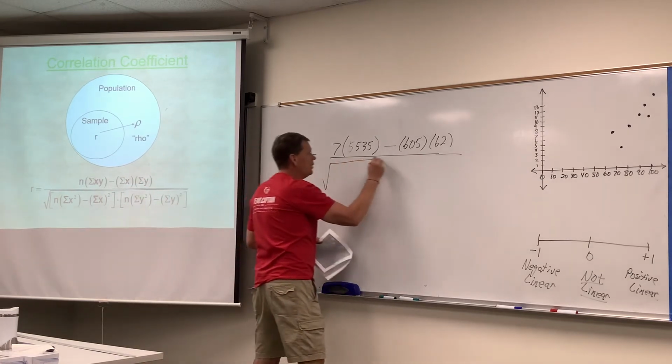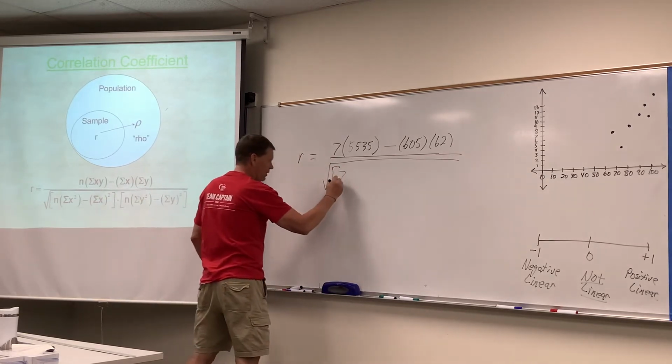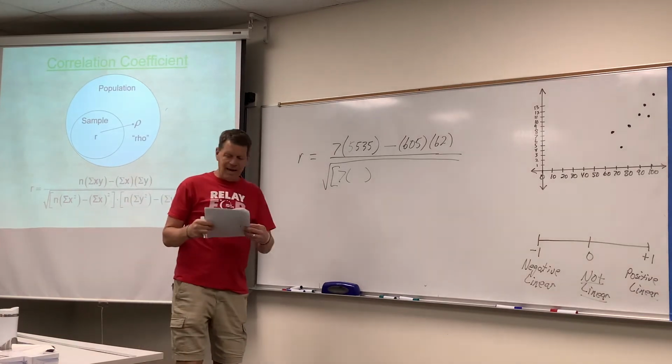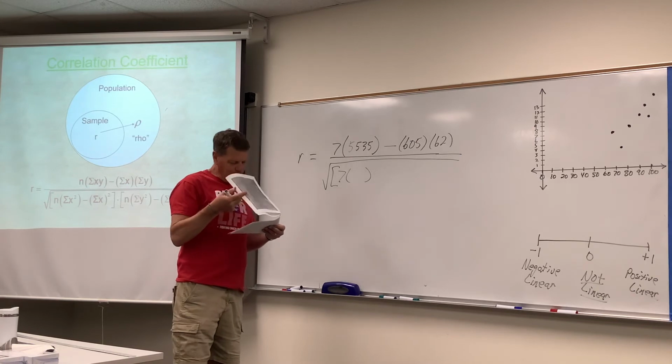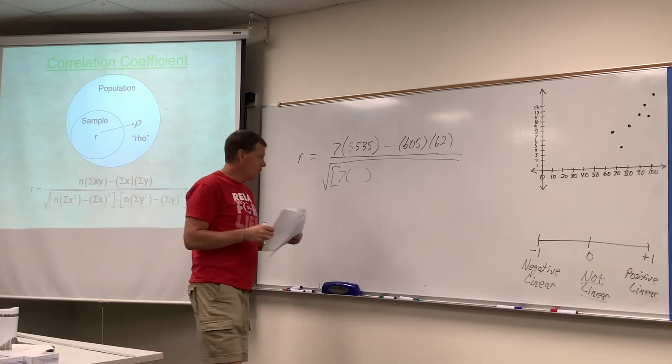Square root, 2 brackets, bracket number 1, n, 7. All right, sigma x squared. That'd be that next to last column. I just want to make sure I refer to it by the proper color. I think it's blue, isn't it? All right, that's 53,219.